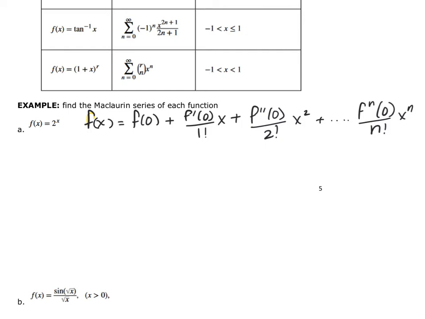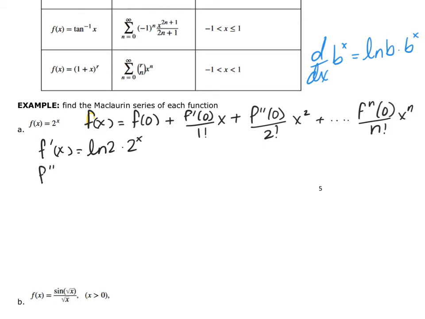If I have d dx of b raised to the x, this is equal to the natural log of b multiplied by b raised to the x. So f prime of x is going to be the natural log of 2 multiplied by 2 to the x. f double prime of x.